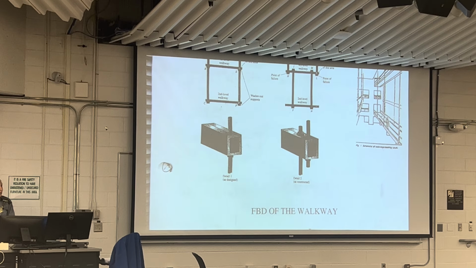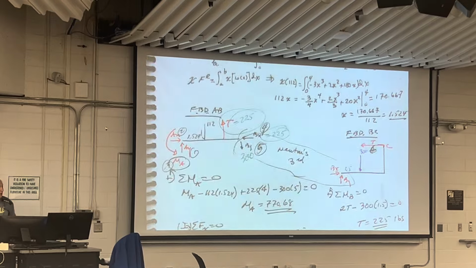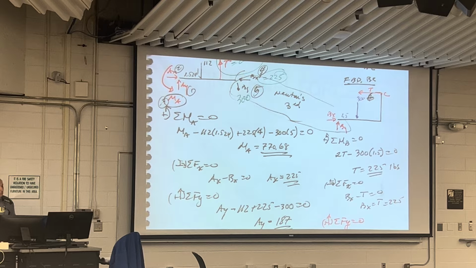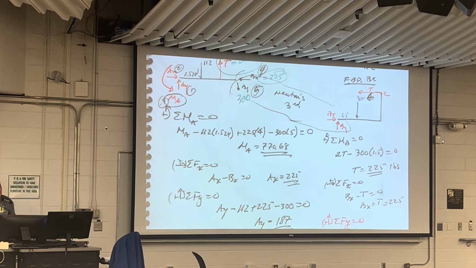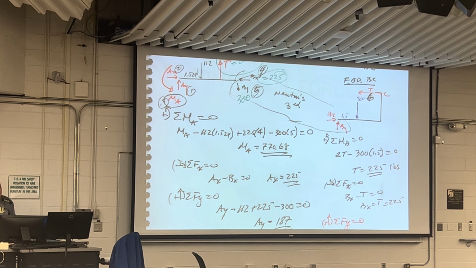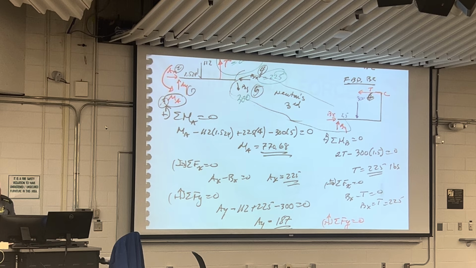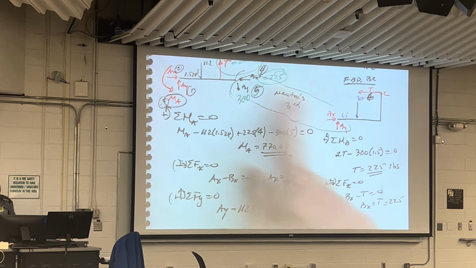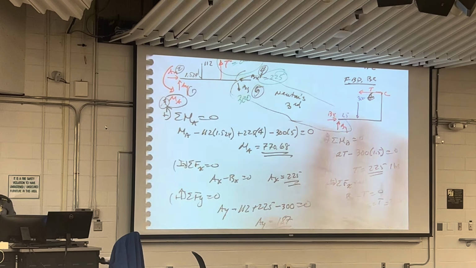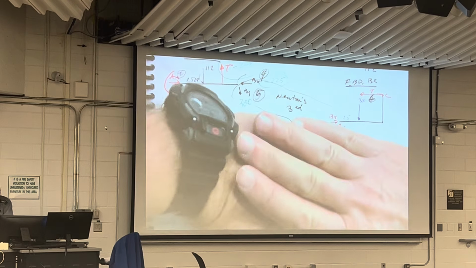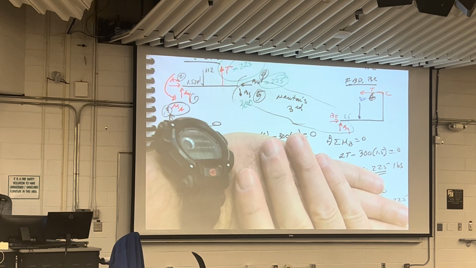Never switch the direction. I've already drawn these free body diagrams, because you don't do this until you draw the free body diagrams, correct?